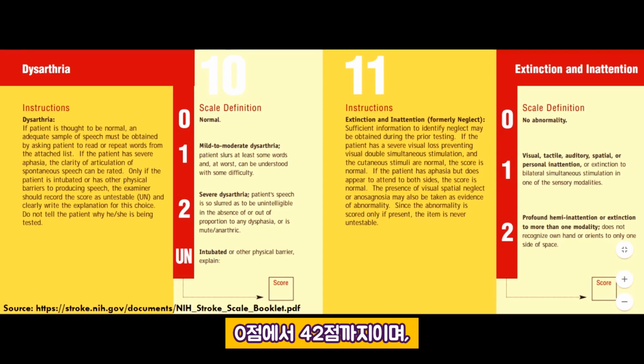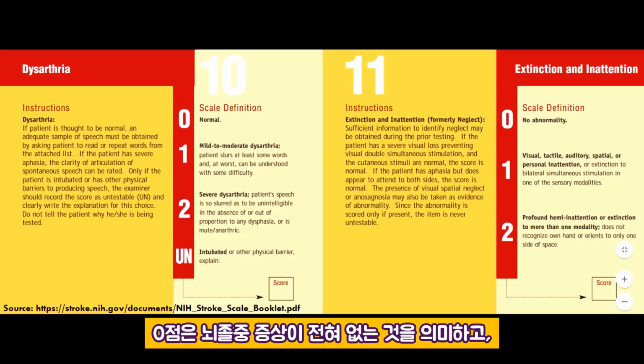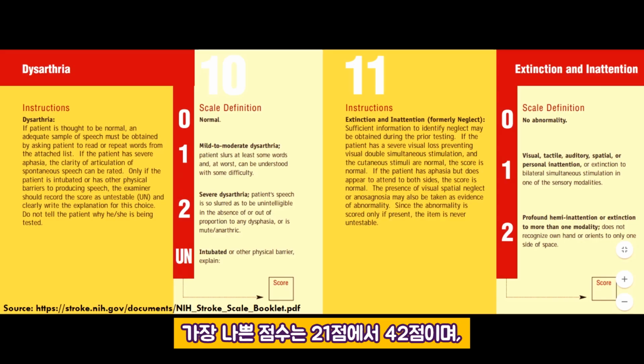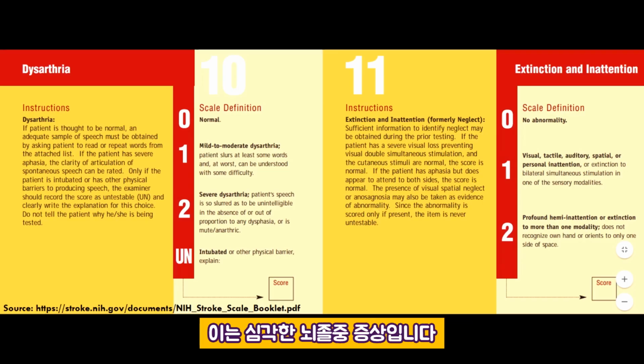The scores range from 0 to 42, with 0 being no stroke symptoms at all, and the worst score is 21 to 42, with that being severe stroke symptoms.